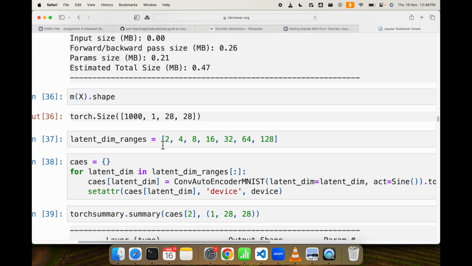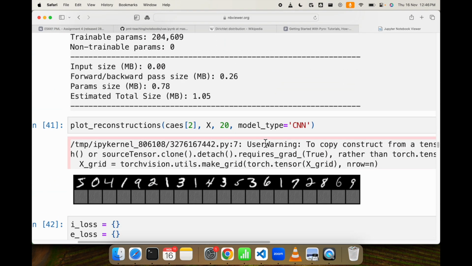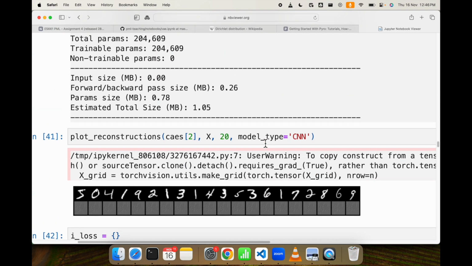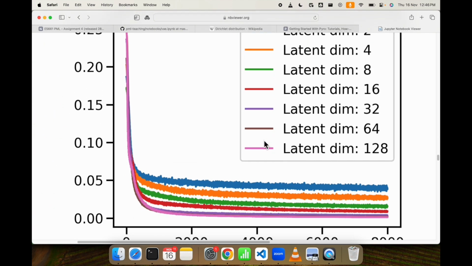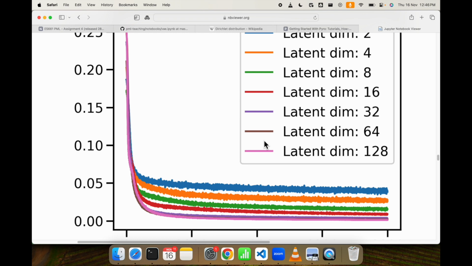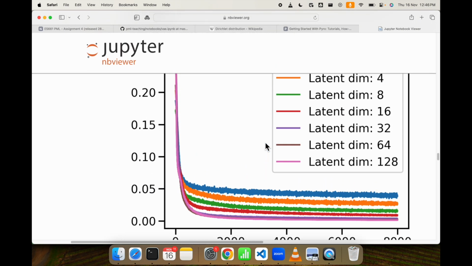I am trying different latent dimensions: 2, 4, 8, 16, 32, 64, 128. And this is again the untrained model. These are the training losses with respect to different latent dimensions. What do you observe from this? As you increase the number of latent dimensions, the reconstruction is bound to get better, right?